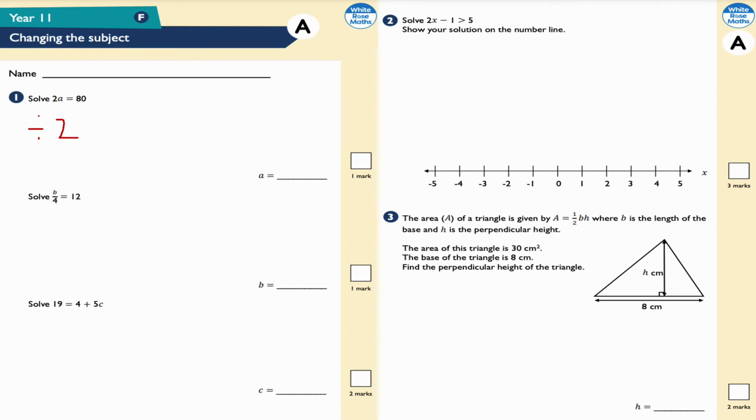Dividing both sides by 2 to isolate the letter by itself, we get a is equal to 40. Part 2: b divided by 4 equals 12. Timesing by 4 on both sides of my equation to balance it, b is equal to 12 times 4, which is 48.